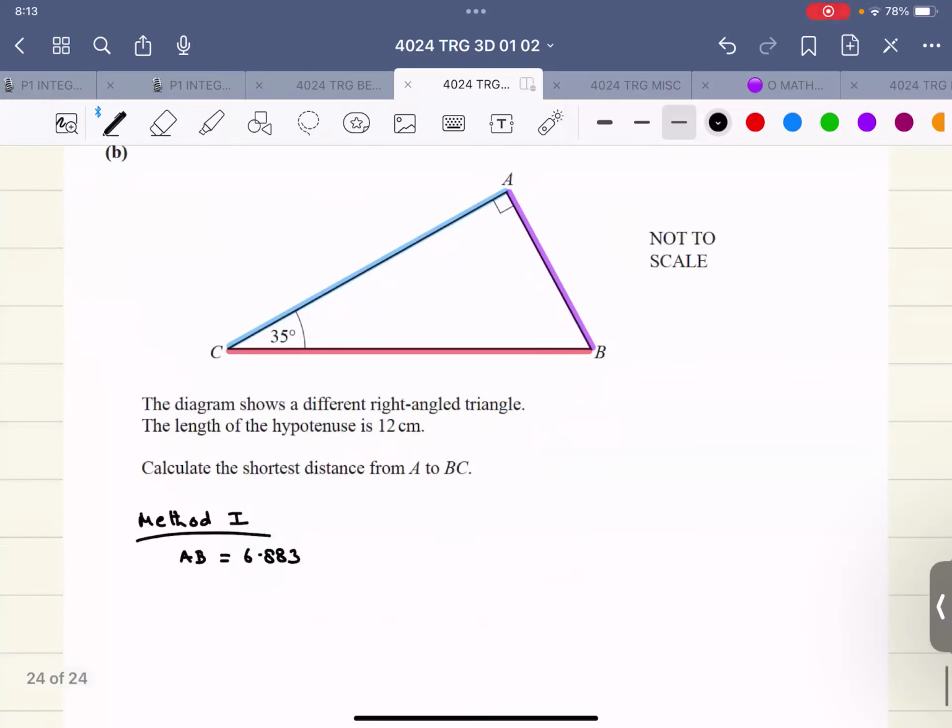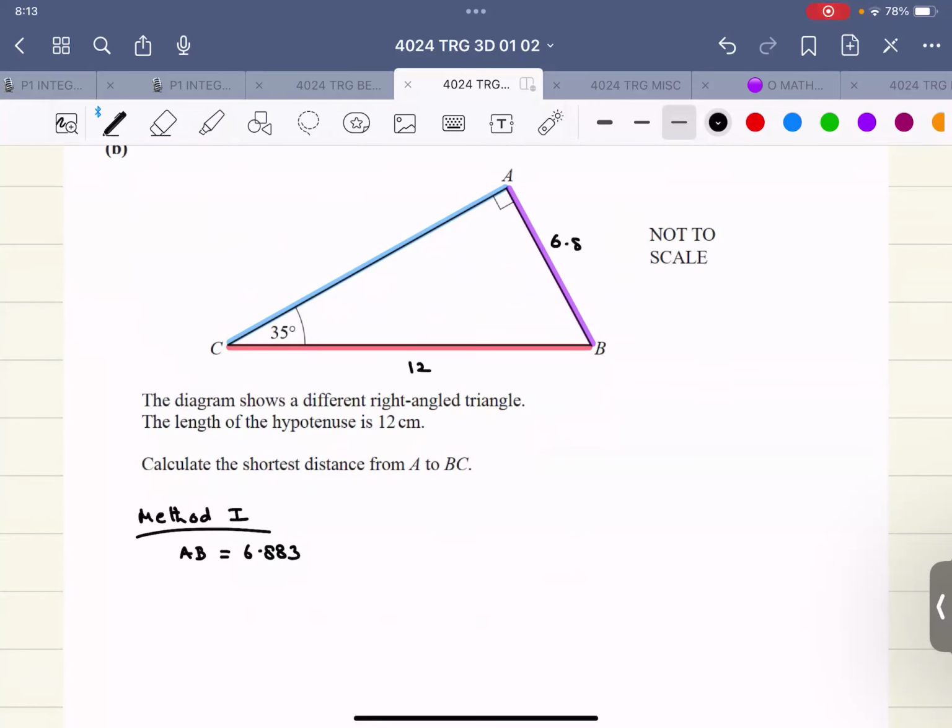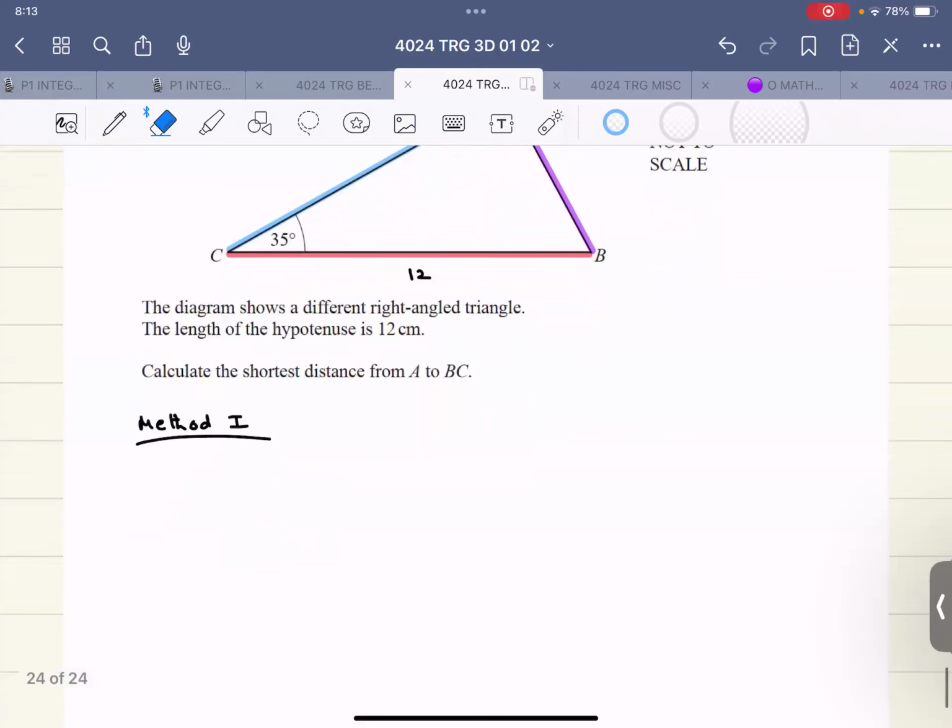Now, if I have this is 12 and this is 6.883, and if I find the area, actually I could have found BC first. Hold for a second. Let me find BC in this. Let me use cosine.